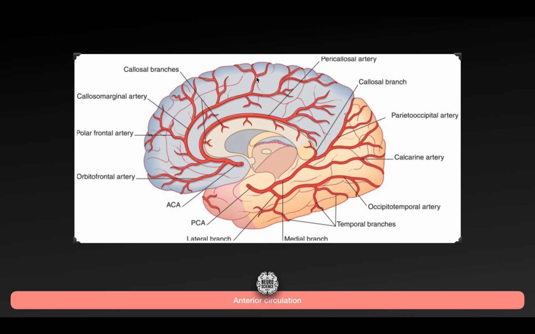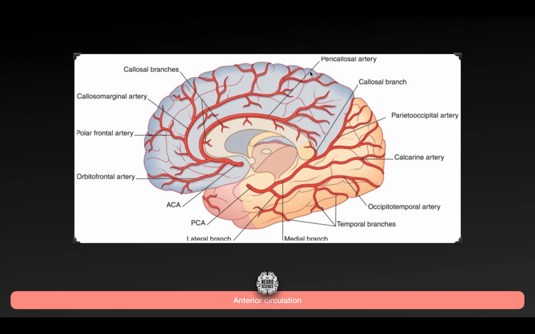And this callosomarginal sends up branches all the way up here, and then they wrap around on the top and to the superior most medial portion of the superior bit of the lateral surface of the cerebral cortex.